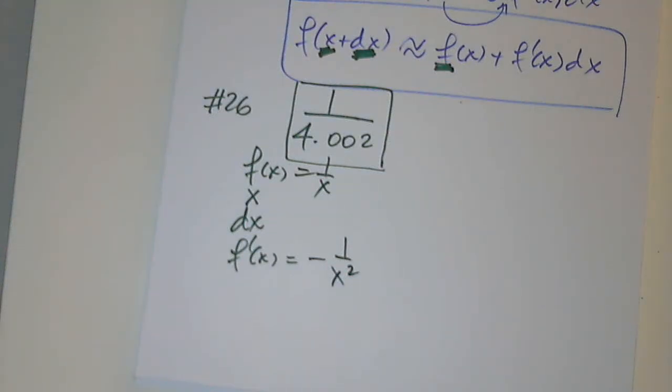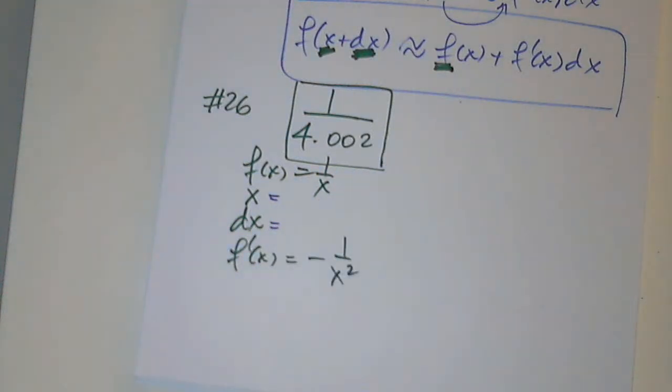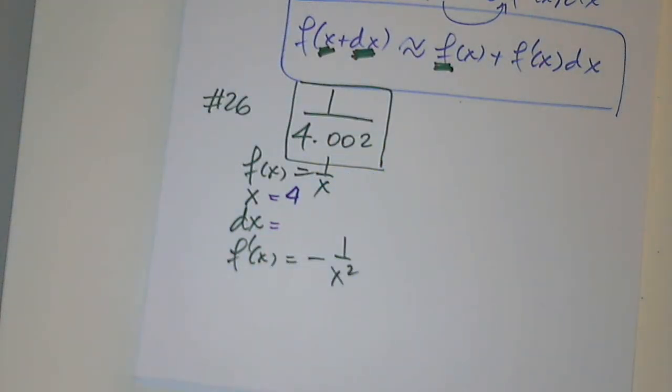Now I have to identify x and the error. So what would you pick as x? And what would you pick as the error? Remember, the error has to be tiny, and x can be anything. So what is x? Exactly. And what is the error?